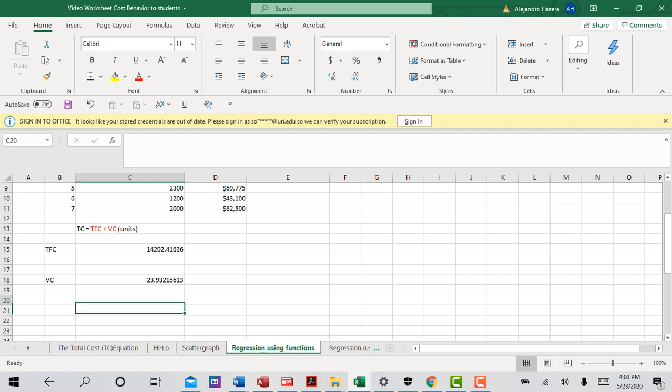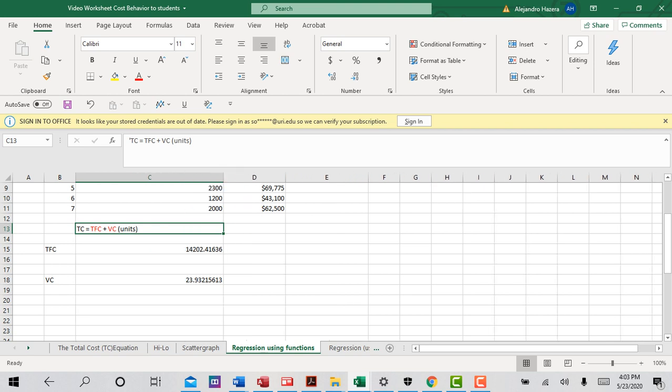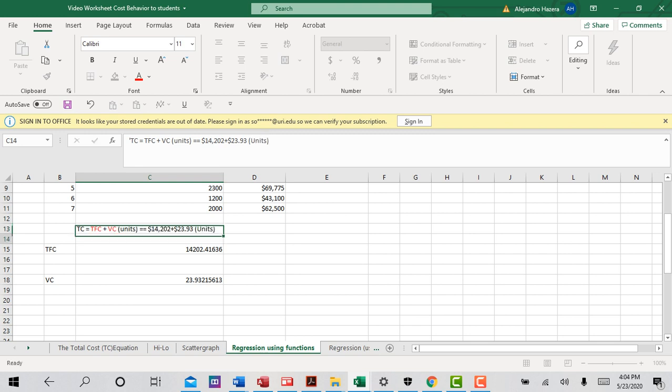If I asked you what your total cost line is using regression, your answer for me would be: total fixed costs are 14,202 plus your variable cost per unit, let's just say $23.93, times units produced.